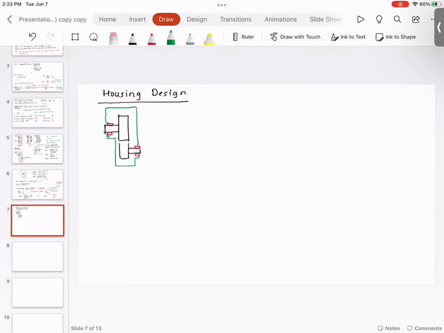Then what you would have is the thickness, then you're going to have the seal, and here usually you would have oil.